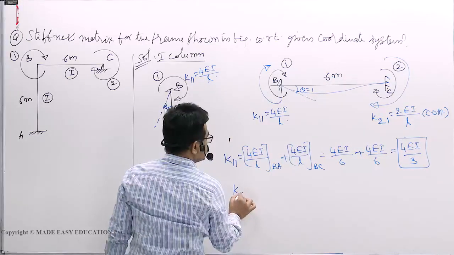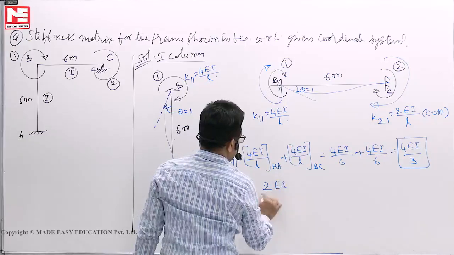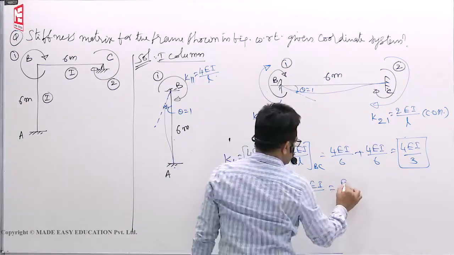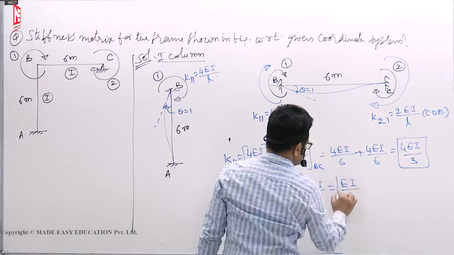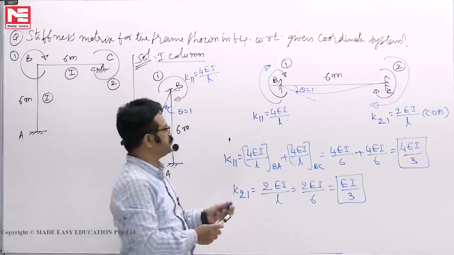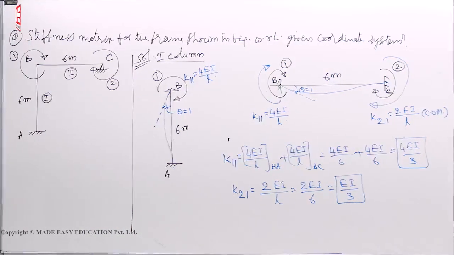Then K21 because of 1: 2 EI by L is nothing but 2 EI by 6, which is EI by 3. That's all, that is the first column. So we saved some time. Next, second column.